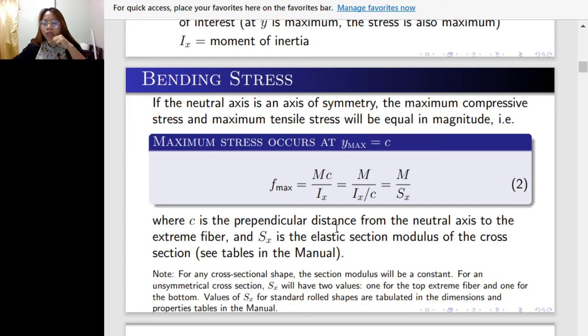Where C is the perpendicular distance from the neutral axis to the extreme fiber, and S sub x is the elastic section modulus of the cross section.